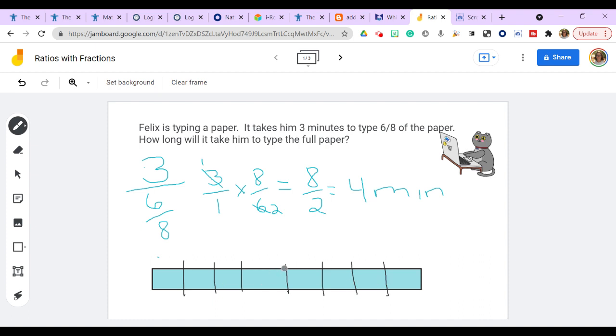In 6/8, it is about 3 minutes. Would it make sense for him to finish these last 2/8 in 1 minute? Yeah, because that would mean that each eighth is about 0.5, or half.